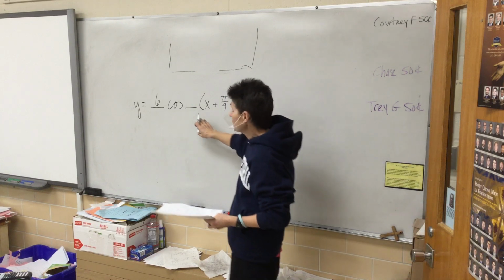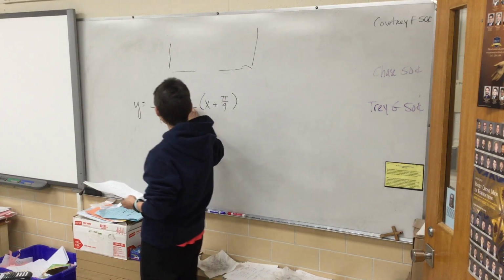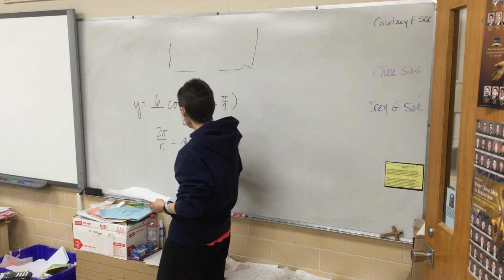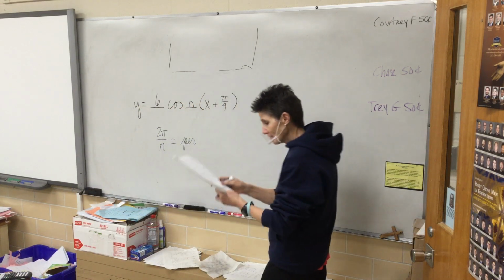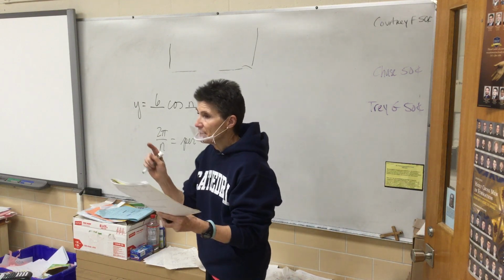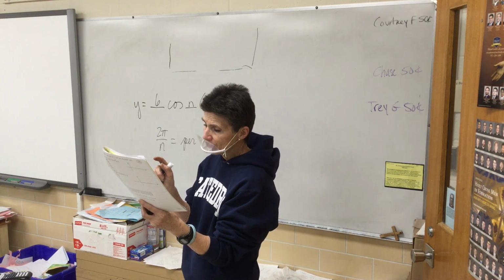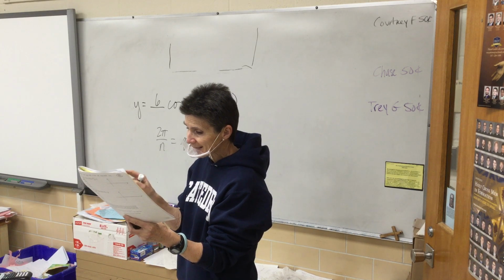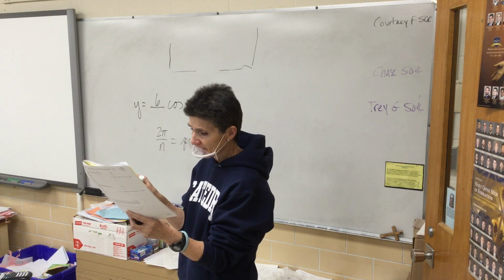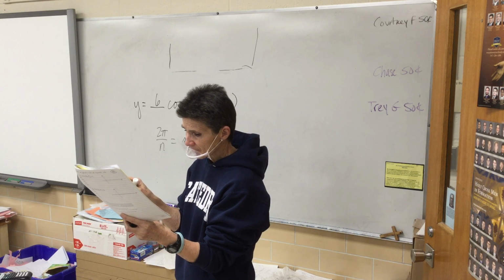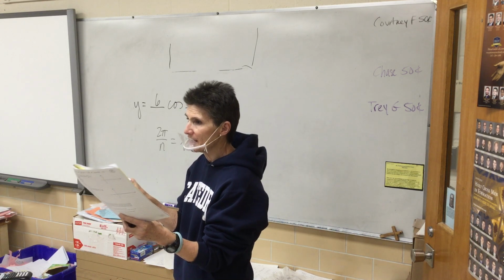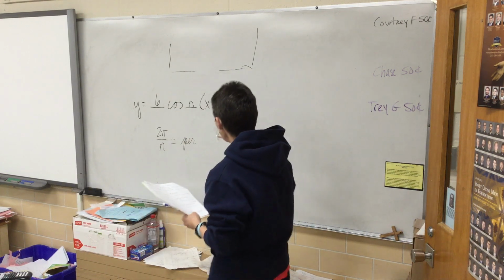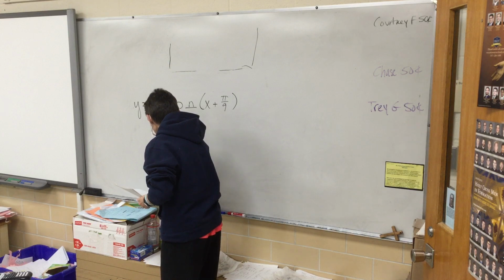Now we got to work on this number. And whatever it is, we know 2 pi divided by it gives me my period. So I have to look at my picture. My period is going from negative 1/9 to 15/9, which means that my period is 16/9.